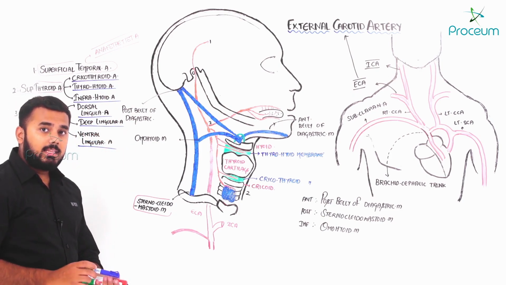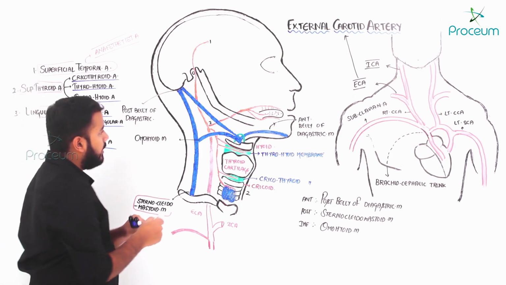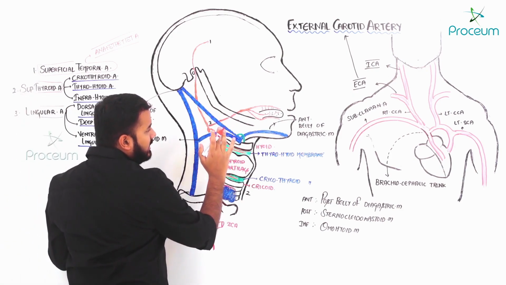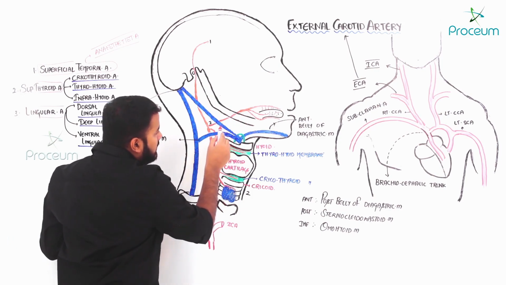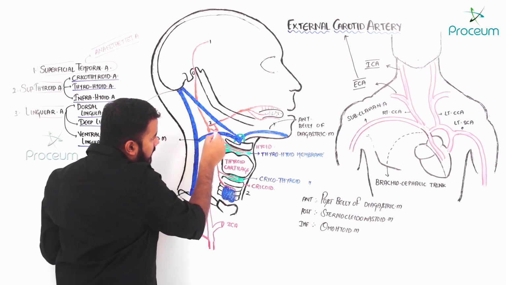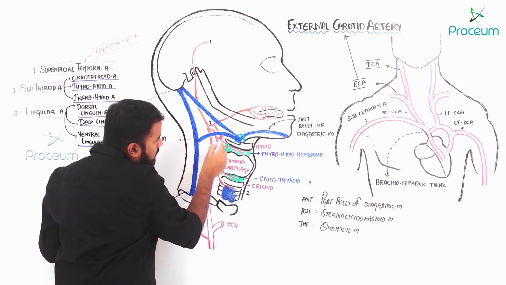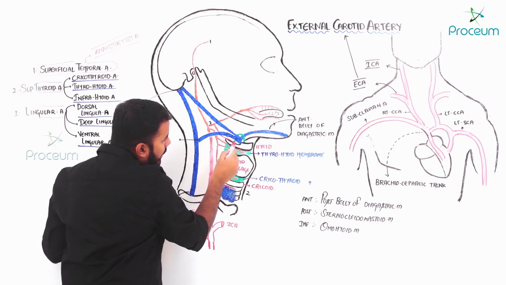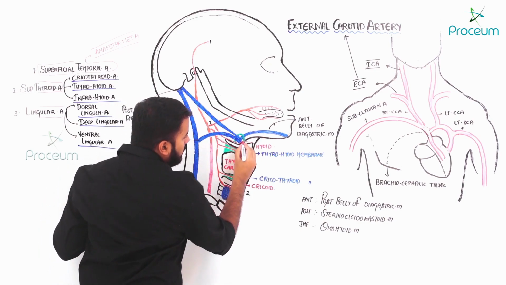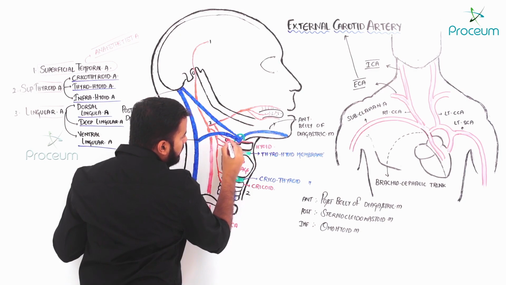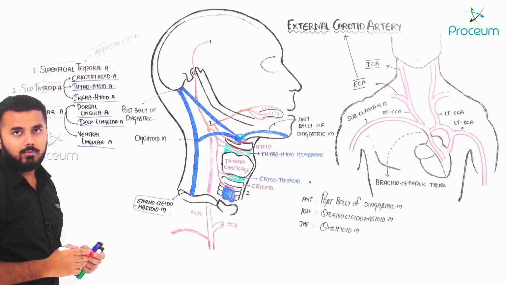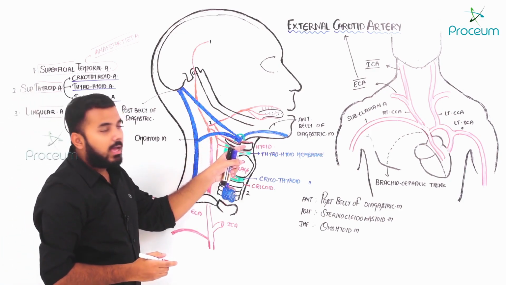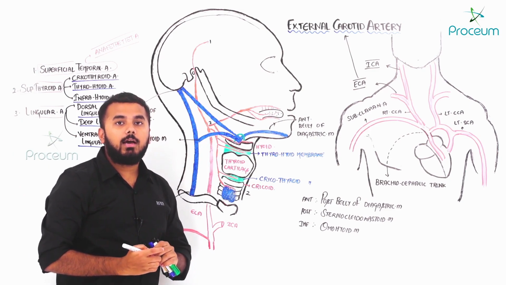Right, now there is another artery. Look here. This artery obviously starts from the lingual artery itself. This artery comes down all the way like this, and it passes just above your hyoid bone. Now you tell me, what should this artery be called? If it is passing above the hyoid bone, you call it the suprahyoid artery.